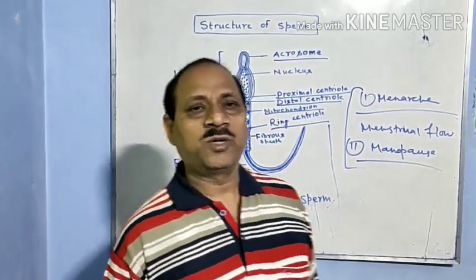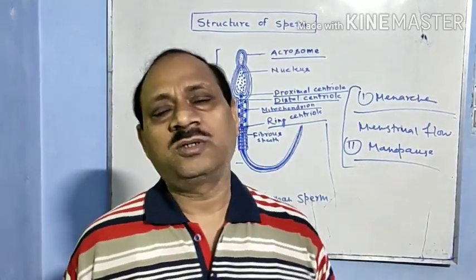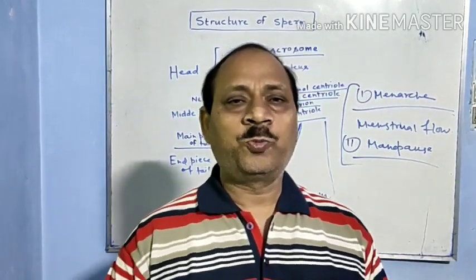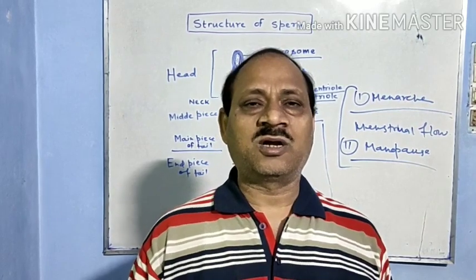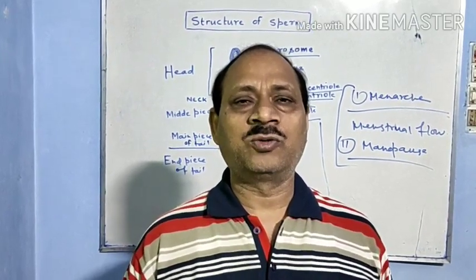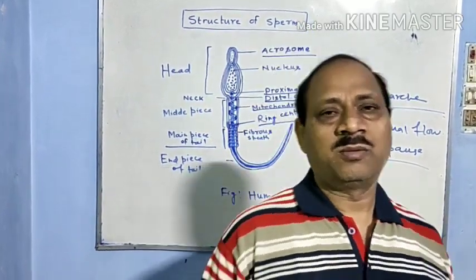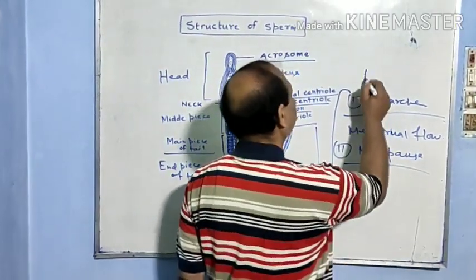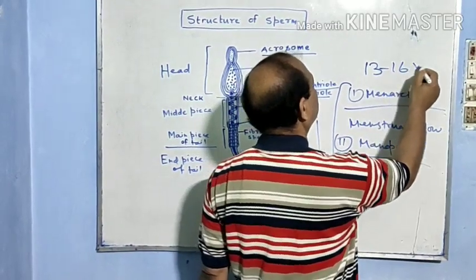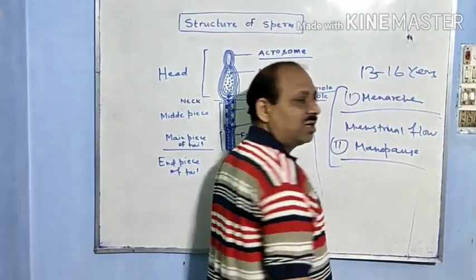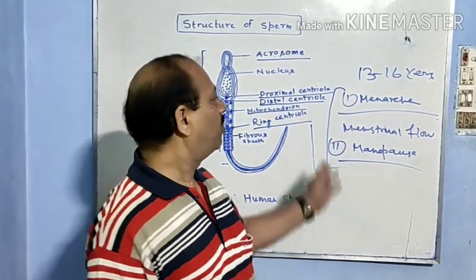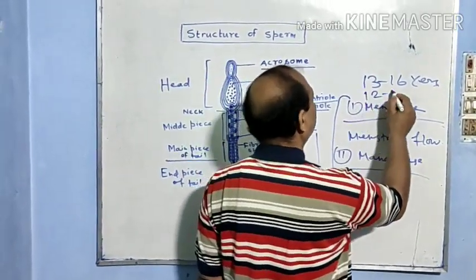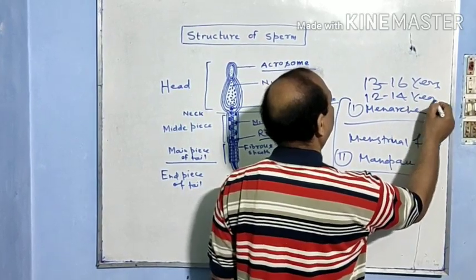Puberty. What do you mean by puberty? The age at which reproductive organs start their functioning is known as puberty. In male, it starts at the age of 13 to 16 years, and in female, puberty occurs about 12 to 14 years.